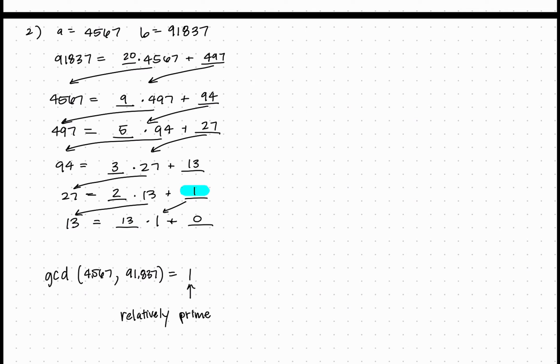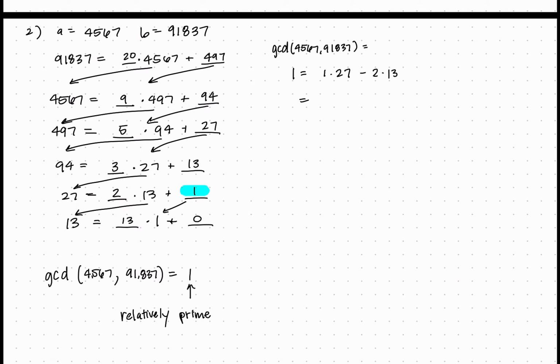Let's rewrite these two numbers as some ax plus by. Let's figure out what that would be. Remember, always start at the bottom. So the GCD of these two numbers, 4,567 and 91,837, equals 1. If I start here at the bottom, 1 can be written using this row. So 1 is 27 minus 2 times 13.